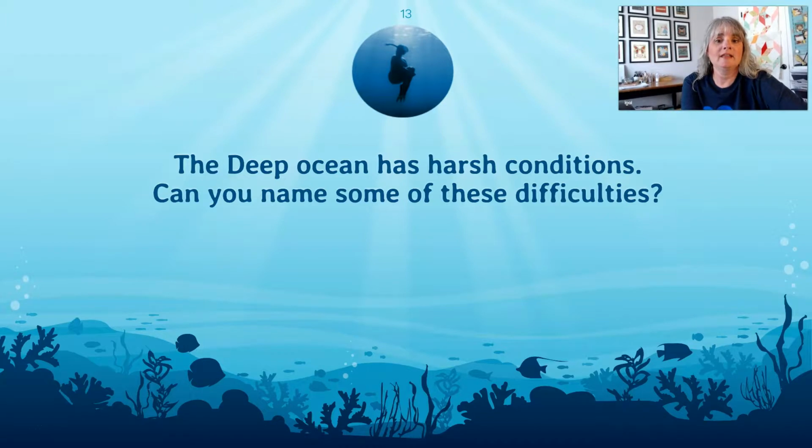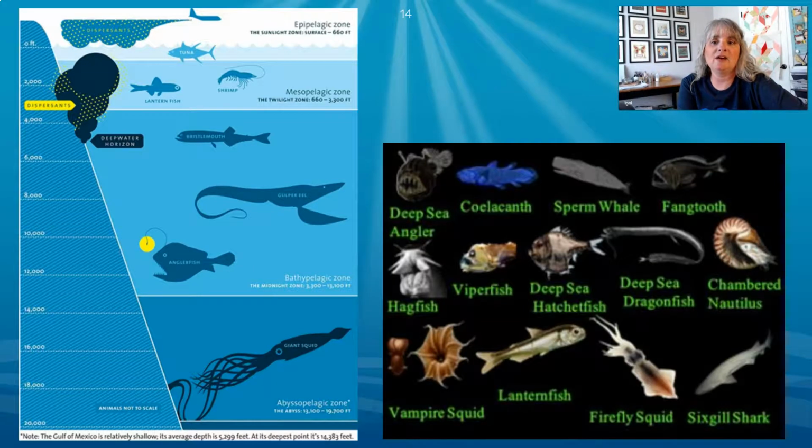All right, the deep ocean has some harsh conditions. I want you to pause the video again, and I want you to write down some ways that you think it would be difficult to live in the deep ocean. So pause the video here. And then here are some examples of different types of animals that live in the deep ocean.